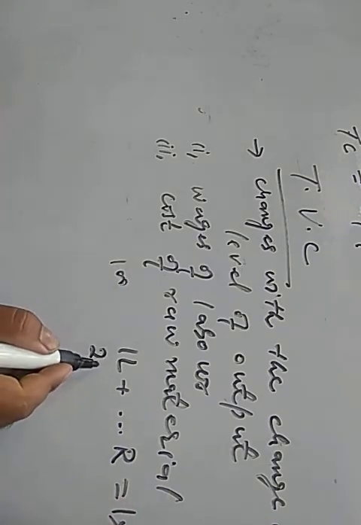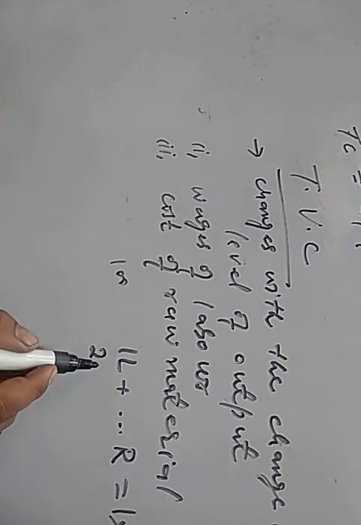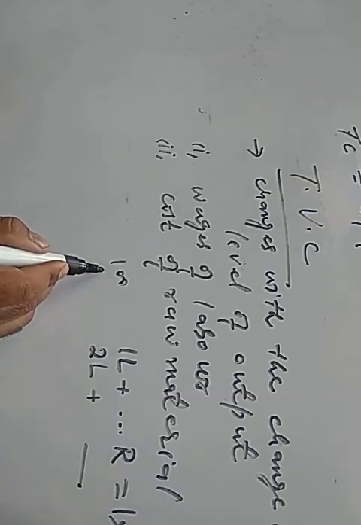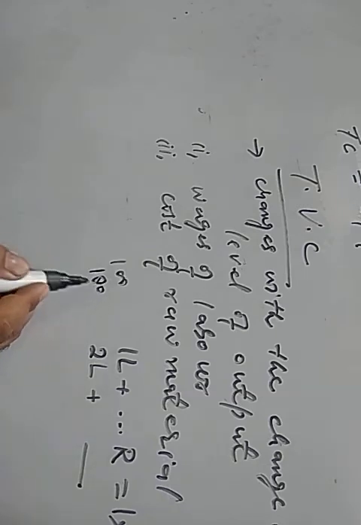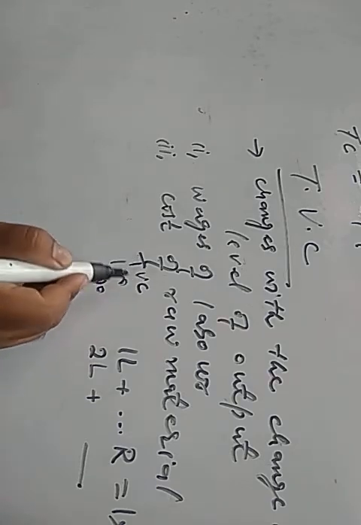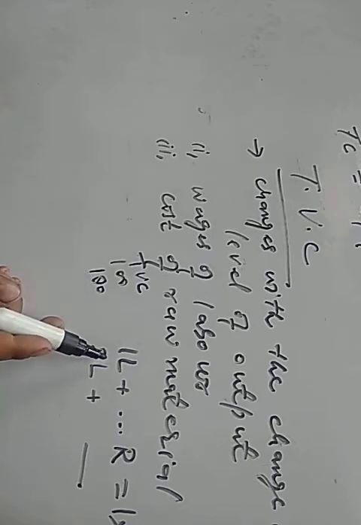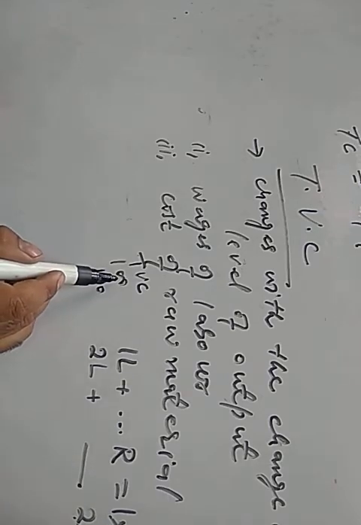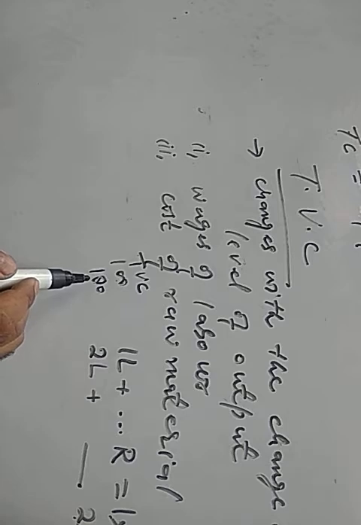To produce 2 units of X, a producer needs 2 units of labor plus extra quantity of raw material. Therefore this cost will increase, suppose from 100 to 180. Means these variable costs have changed with the change in level of output, as in our example, from 1 unit to 2 units, it has increased from 100 rupees to 180 rupees due to change in units of variable factor.